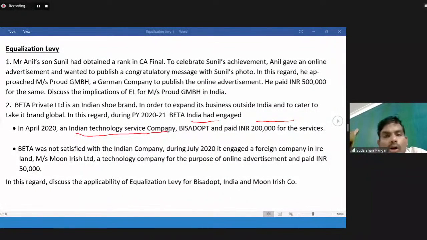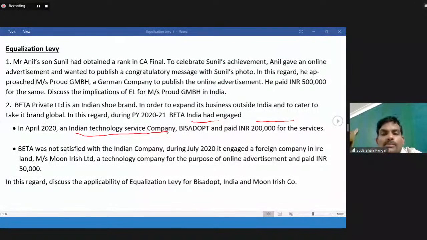So Bisadopt is an online ad agency, a tech company, which will do all this advertising, and then they will appropriately publish it in Google or Facebook, depending upon. So they are an ad tech company. So now this payment is being made by a resident, which is Beta, and this is for online advertisement.